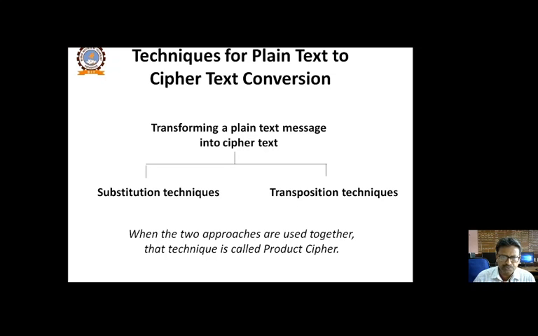So what is the difference between substitution and transposition technique? The substitution technique uses replacement of characters from outside, but the transposition technique uses the characters of the message itself. They are being transposed, being permuted. The position of the individual alphabet or character is changed so that it becomes unreadable.